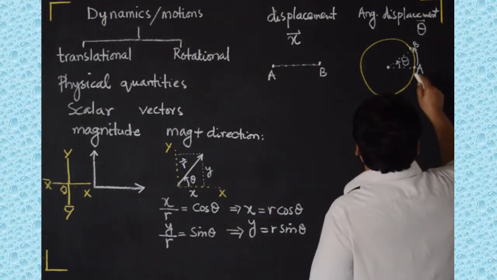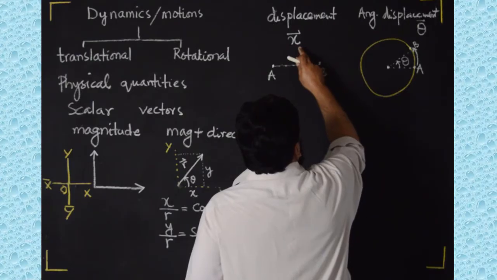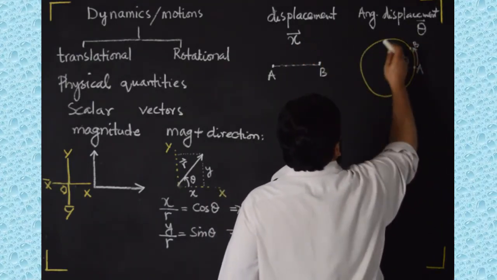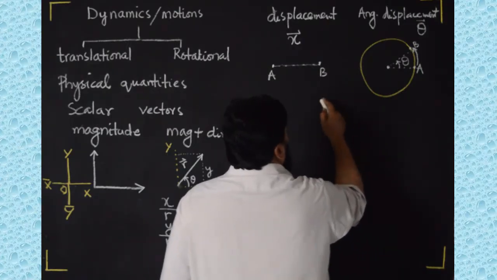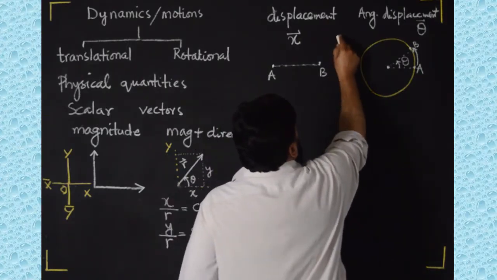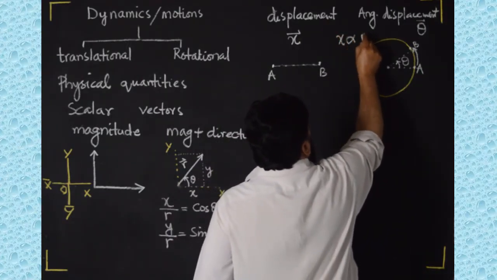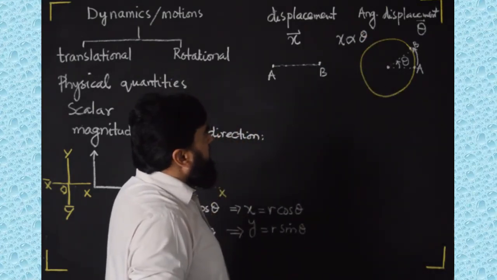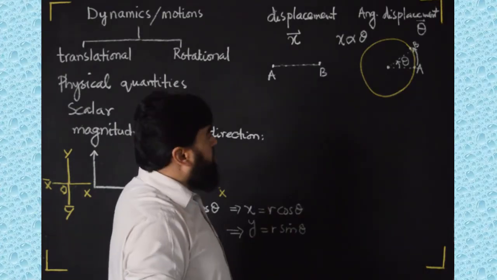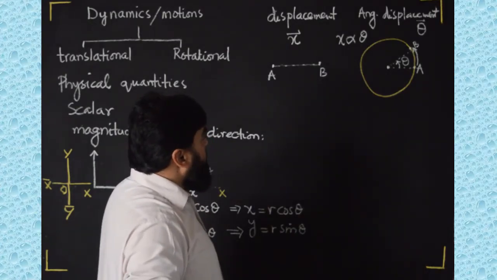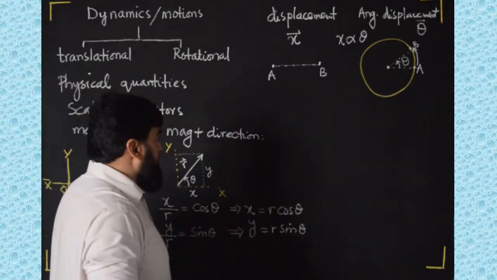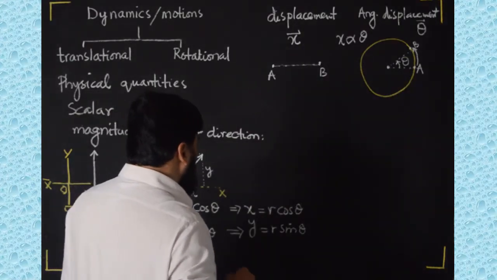Now we are establishing the relation between this and this, that we know x will be proportional to theta. But what will be the constant of this proportionality? So we will have to discuss that.